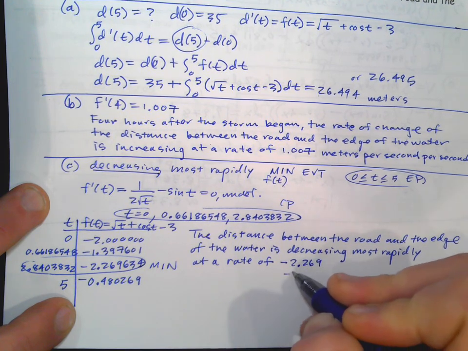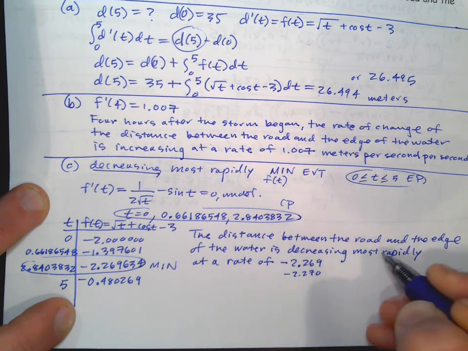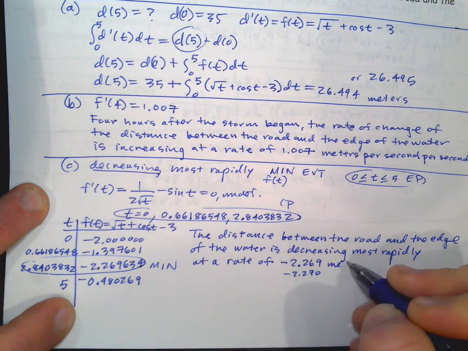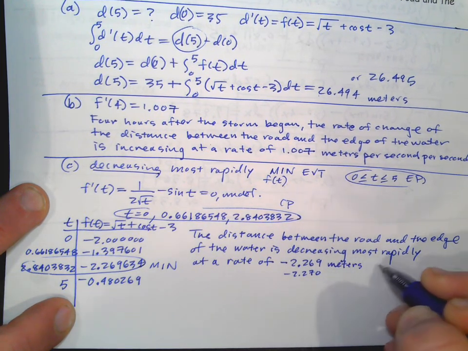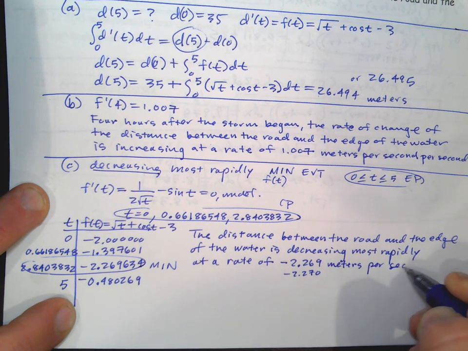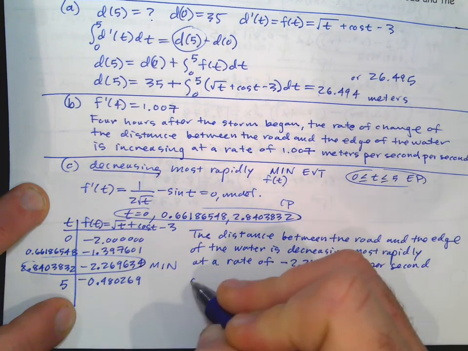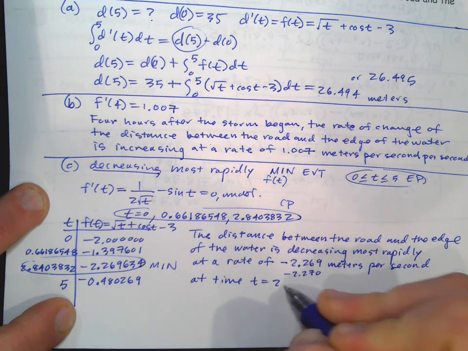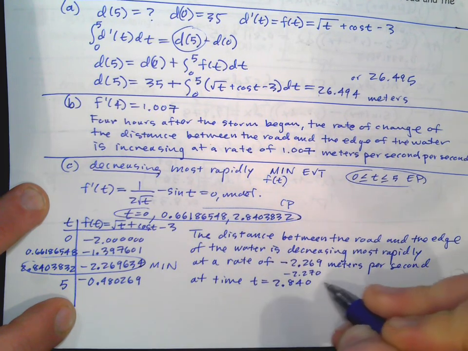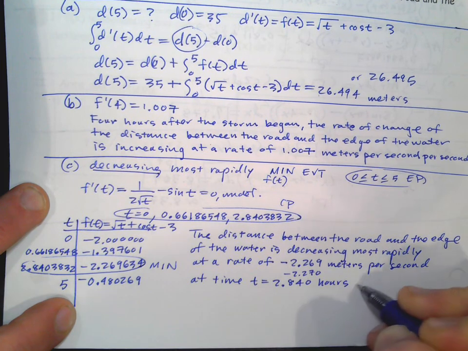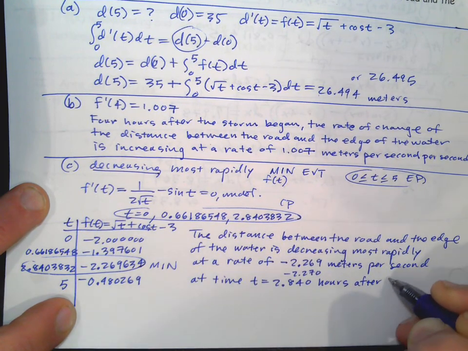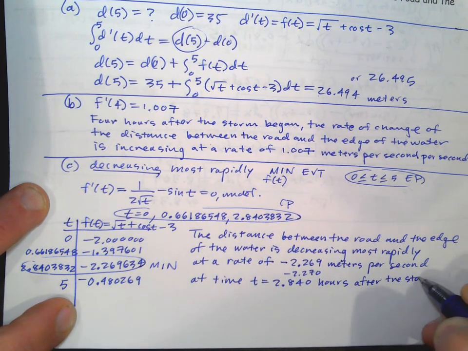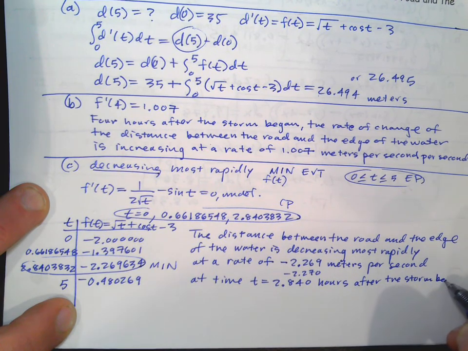You could do negative 2.270. What are the units? Meters per second. At time t equals 2.840 hours after the storm began. That's a very thorough answer.